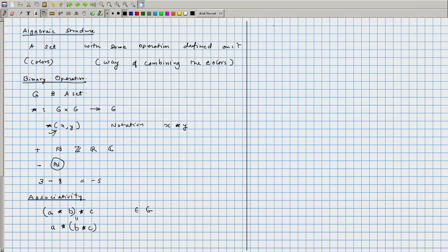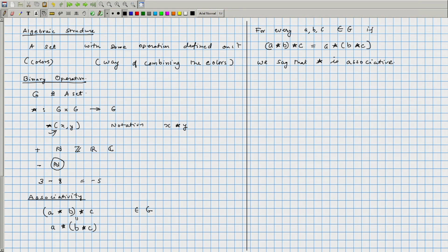Formally, for every A, B, C belonging to G, if (A star B) star C is equal to A star (B star C), using parentheses to indicate which of the operations is done first, then we say that star is associative.